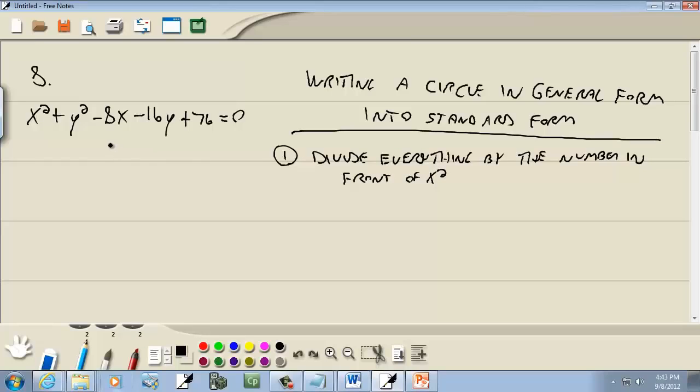Well, there isn't a number in front of our x squared, so we don't have to worry about that. You'll find none of your problems in a section will need that step, but okay. Step 2.